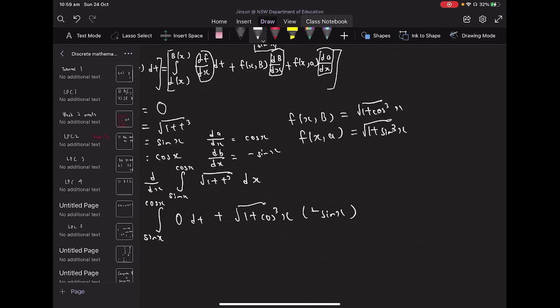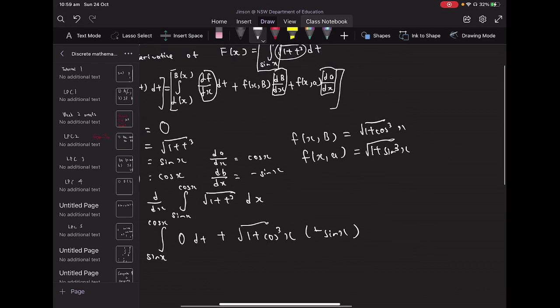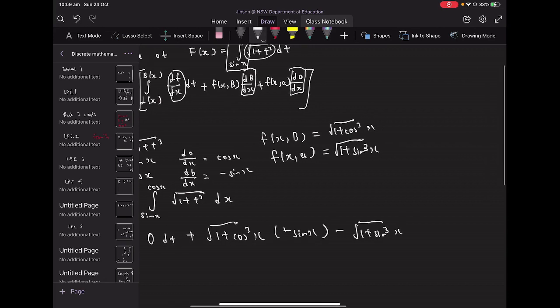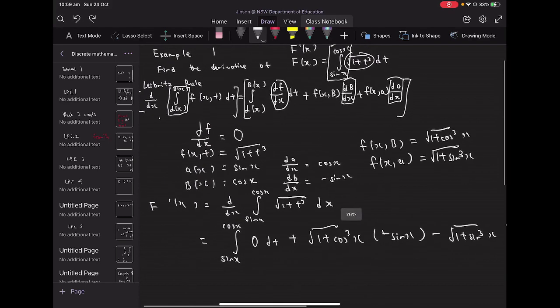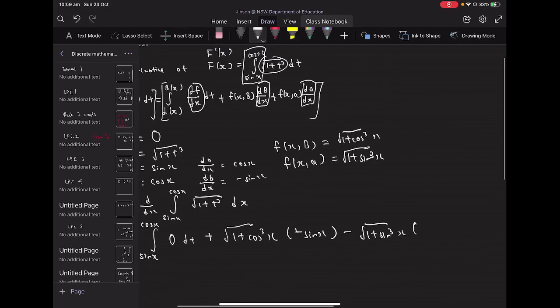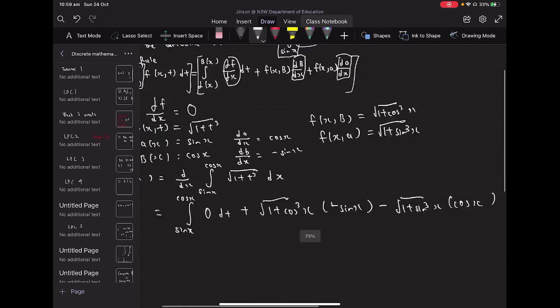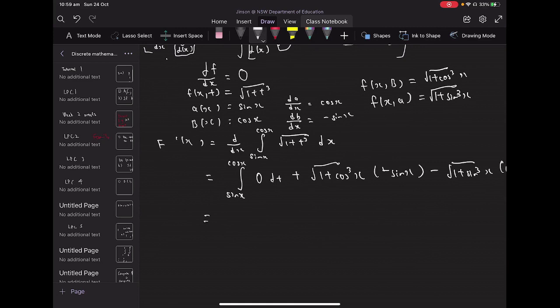So to continue on to our function, it will just be minus the square root of 1 plus sine cubed x, and the last part, which is d alpha on dx, which we found before is cos x. And now we simplify this part.